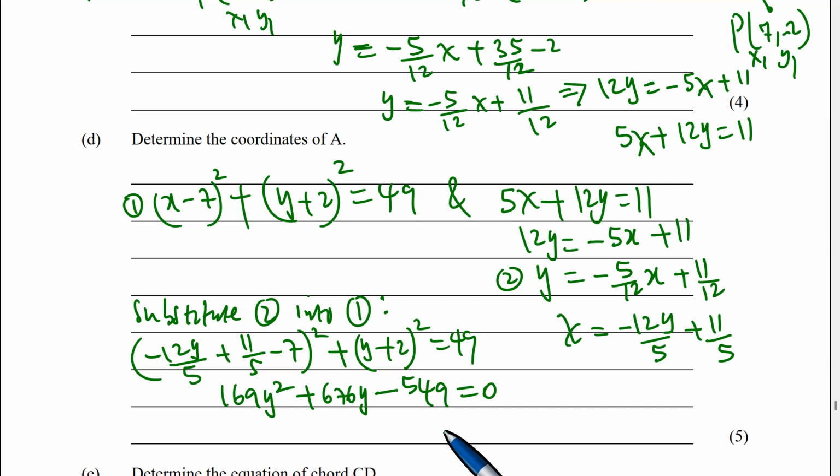It is 169y squared plus 676y minus 549 equals 0.